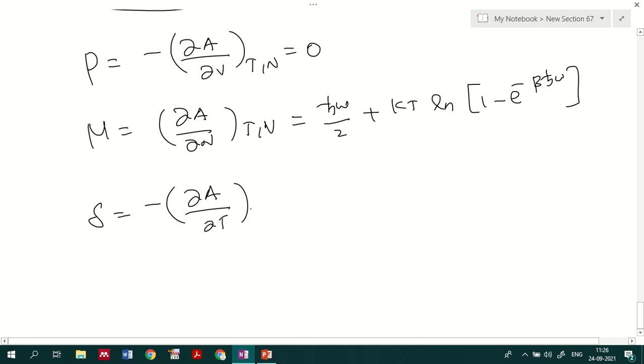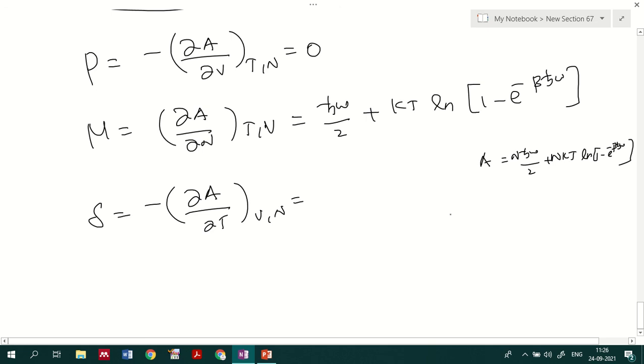Okay, ∂A by ∂T at constant volume and number of particles. So we know that A equals Nħω/2 plus NkT ln(1 − e^(−βħω)).